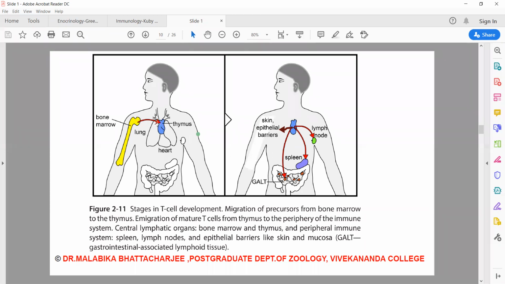Once the schooling, or the maturation, the positive and negative selection, has been completed and the T lymphocytes have been committed to their MHC1 restricted pathway or MHC2 restricted pathway, the T lymphocytes then come out of the thymus and move to the various other secondary lymphoid organs.